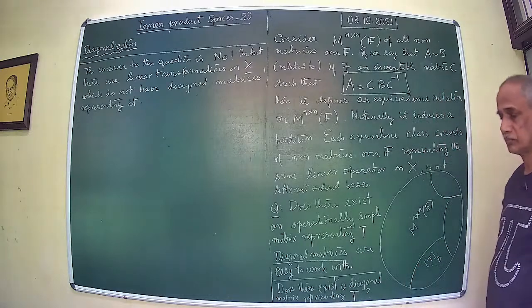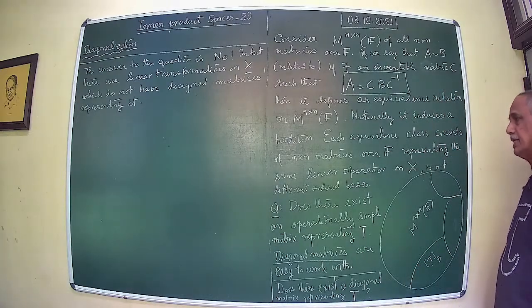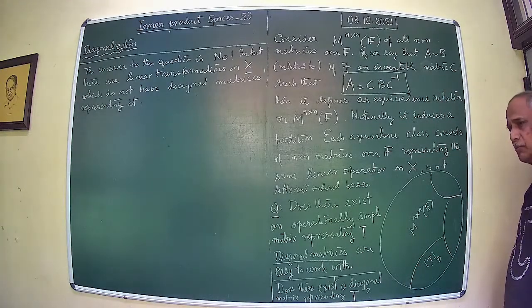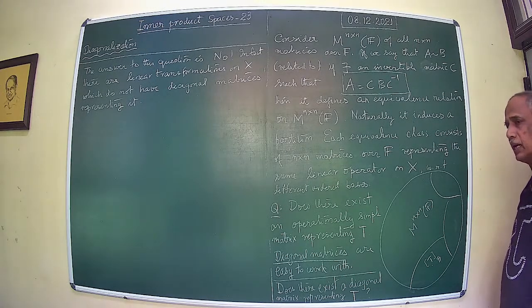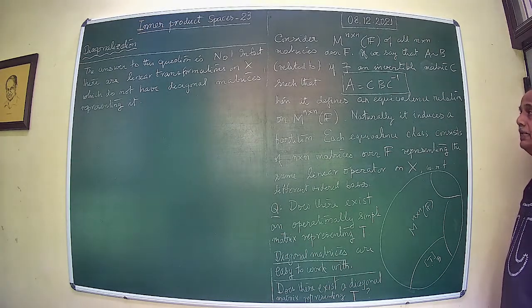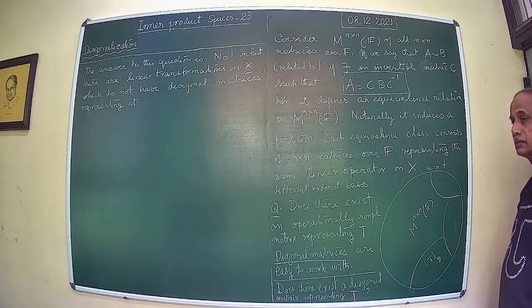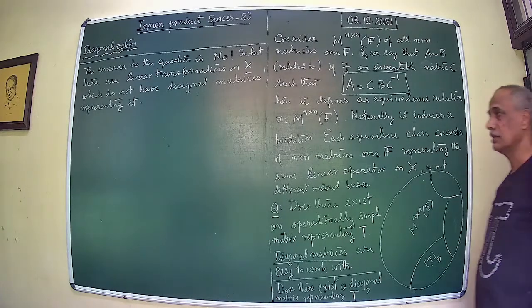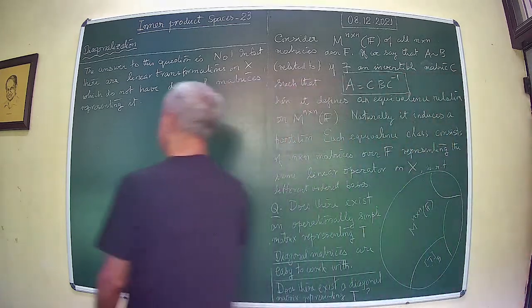Okay. Now, further investigation throws some more light into what kind of linear transformations have diagonal representation. Therefore, the next level of the question is this.